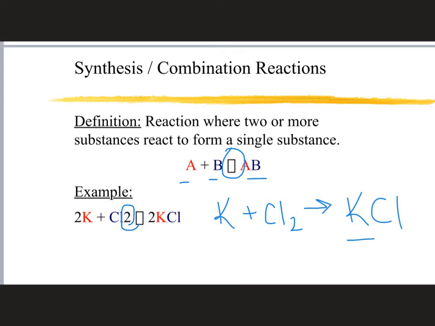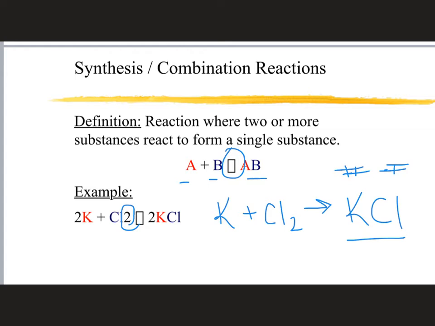So whenever you make the new product, you have to check the charges for yourself. The subscripts do not automatically carry. So the potassium is +1 and the chlorine is -1. So those charges cancel out without needing any subscripts. So the formula for potassium chloride is KCl. Period. End of story. There is no other formula for potassium chloride.